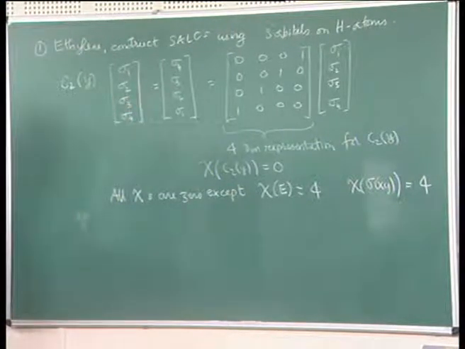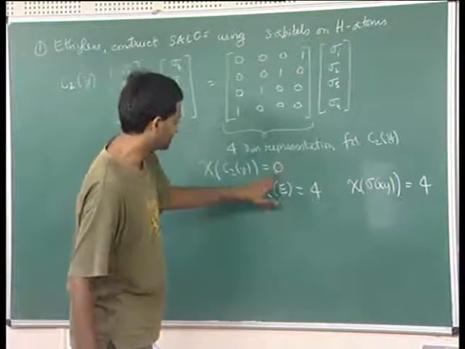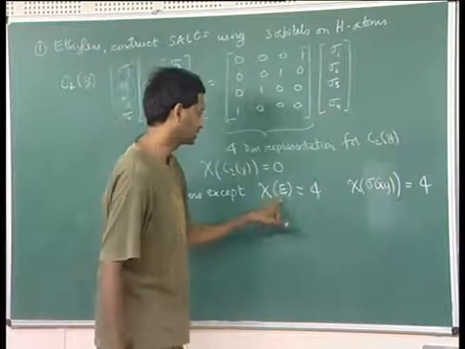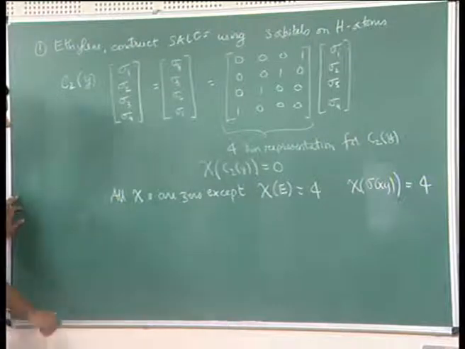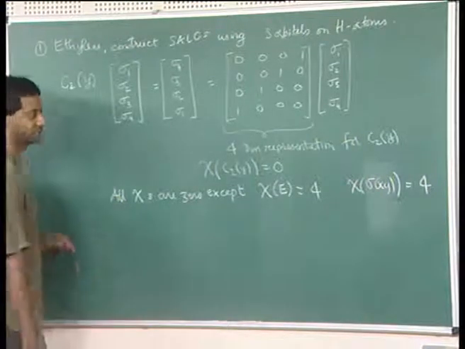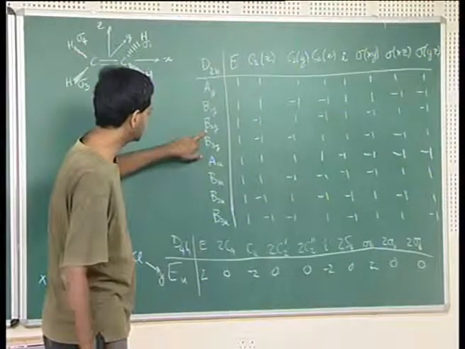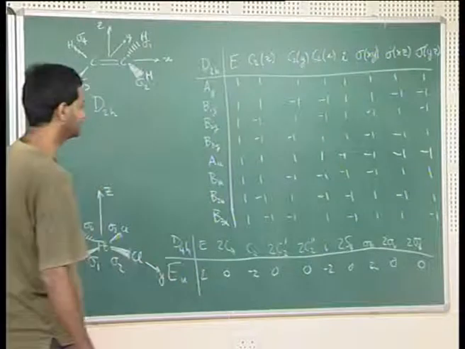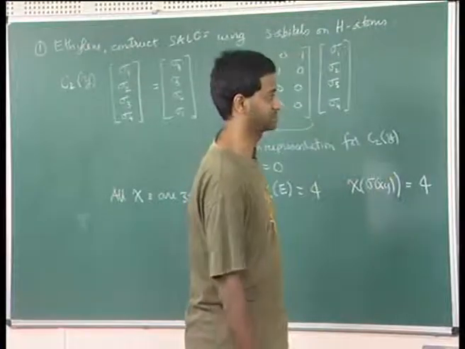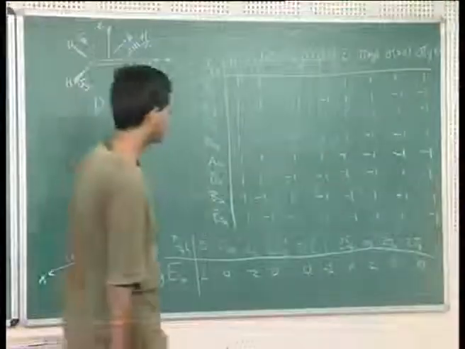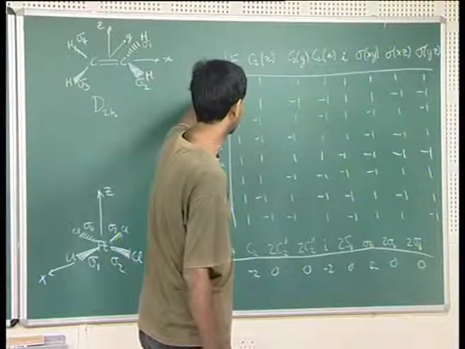In this representation, this is a reducible representation where all the characters are 0 except the character of identity and the character of sigma xy. So you can ask a question, how many times does AG appear, how many times B1G appears, how many times B2G appears, etc. So you can ask how many times each of these representations appear in this reducible representation, and it's not hard to see.